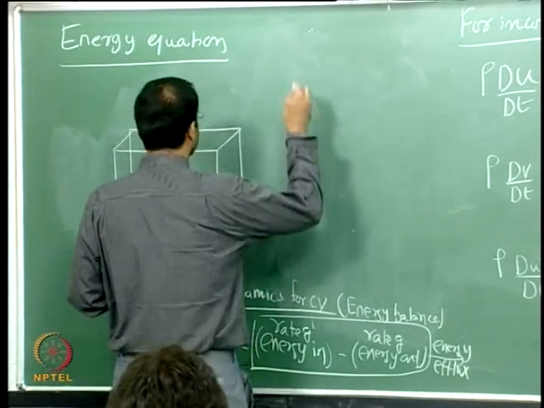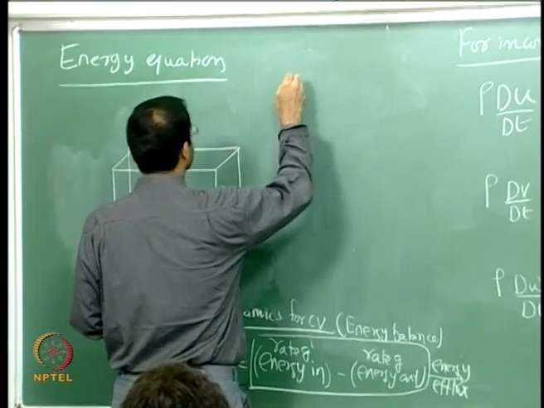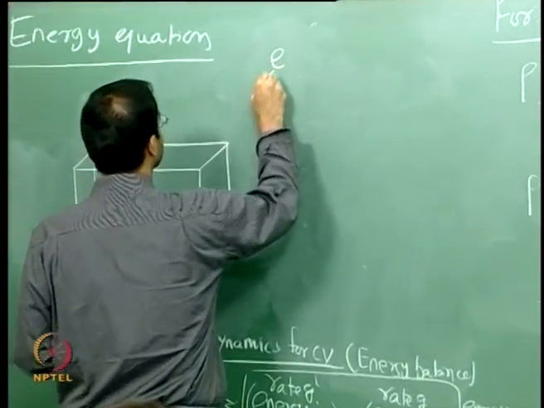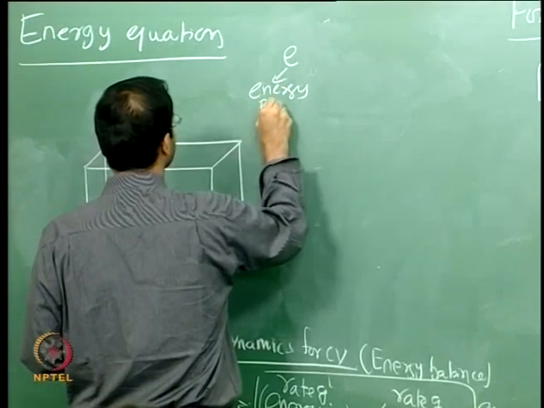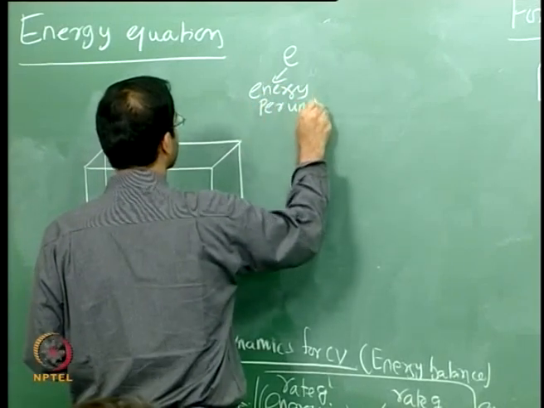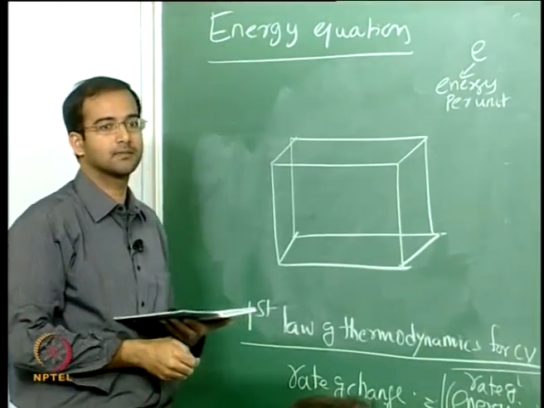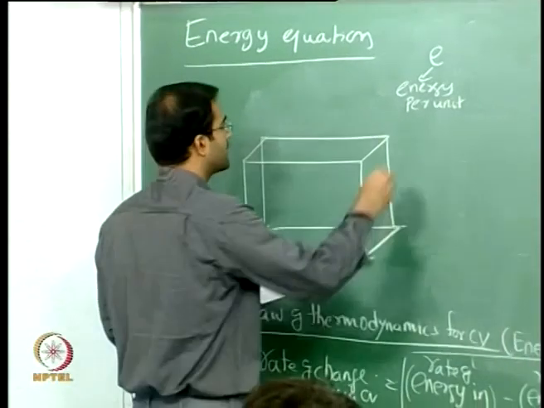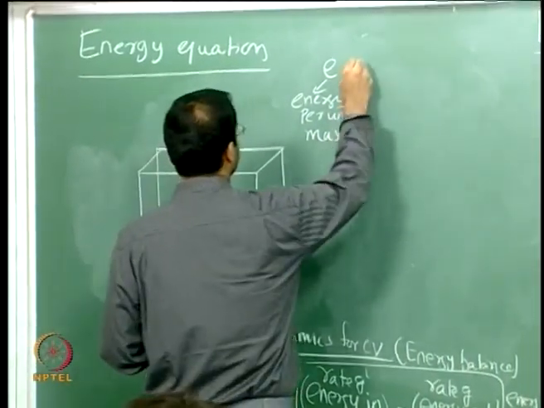Let us look first at the energy and its constituents. You can use the notation E to denote energy per unit mass. That should have contributions from what?